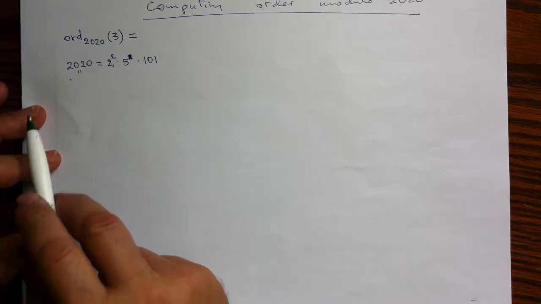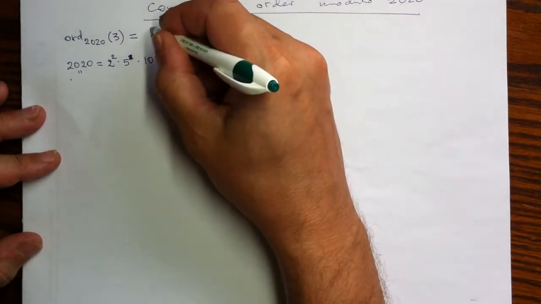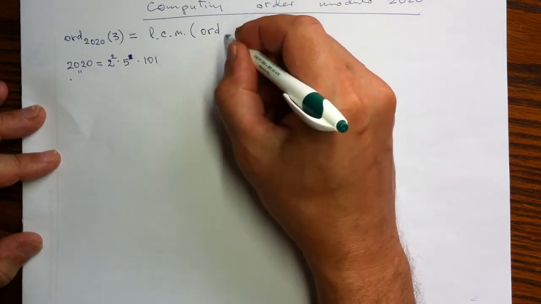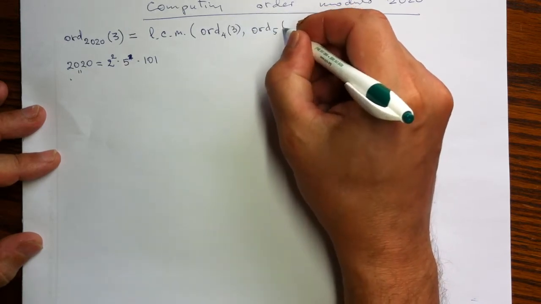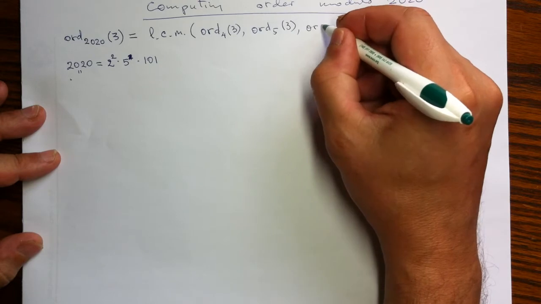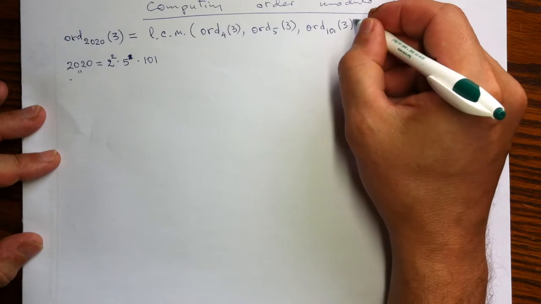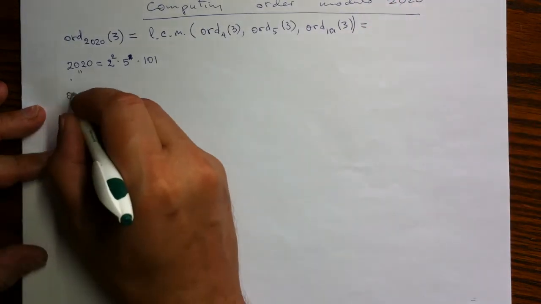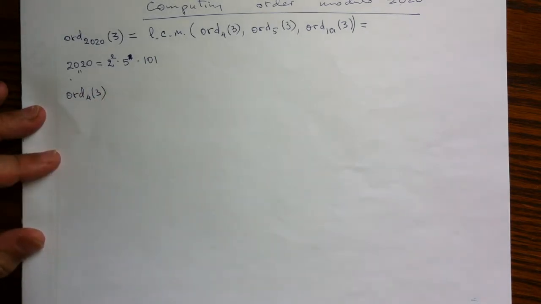So by the Chinese remainder theorem, computing this order is the same as computing the least common multiple of the orders modulo 4, modulo 5, and modulo 101. So I need to know them, and then I will know my answer. Well, the first, the order modulo 4 of 3, by the definition, is the smallest power of 3 which is equal to 1.